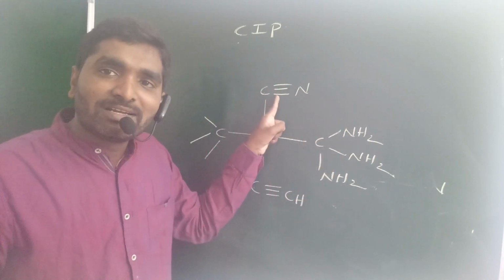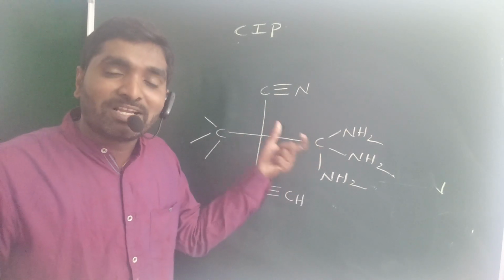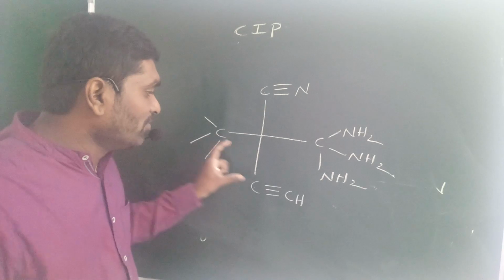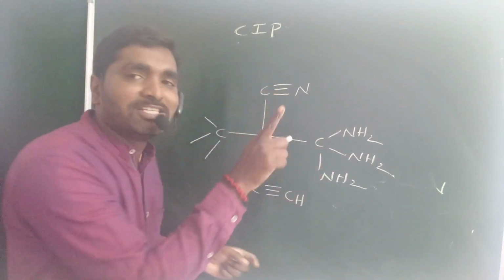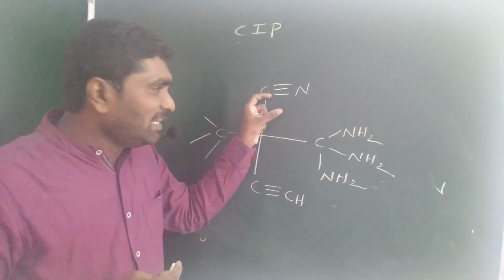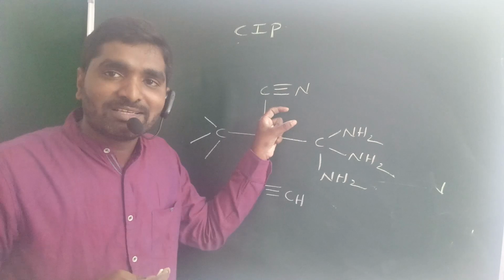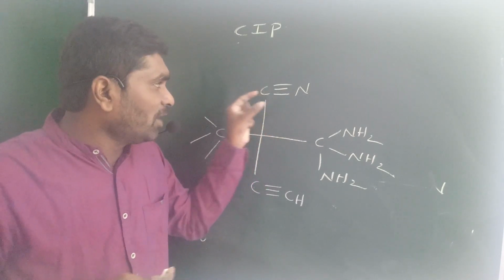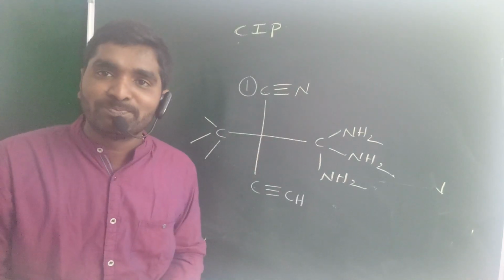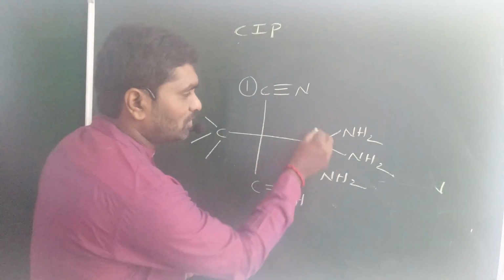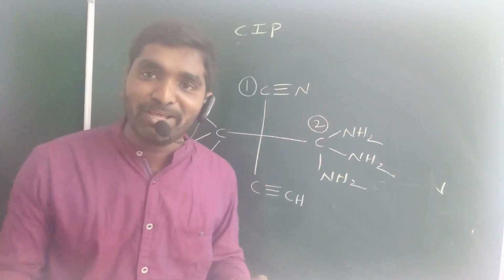These two groups are better for the priority compared with the remaining two groups. Among these two, which one is the better one? The multiple bonded compounds always get more priority. That means the C triple bond N is the highest priority group. After that, this one will be the second priority group.